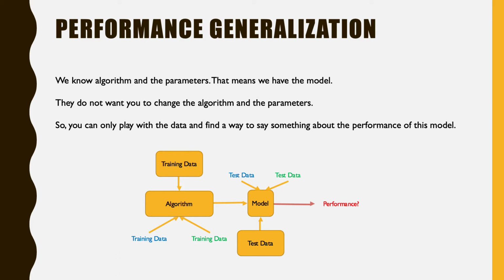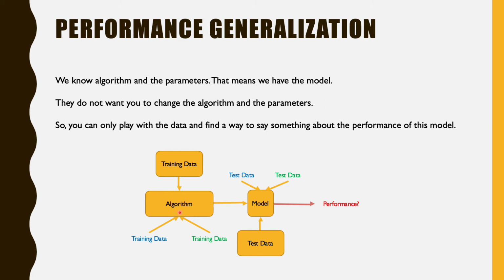So now they know both of them, and they do not want you to change the algorithm or the parameters in here. So you can only play with the data and find a way to say something about the performance of these models. They say that please use this model, like lasso with this parameter, okay? But tell us something about the performance of this model. What can you do for that?